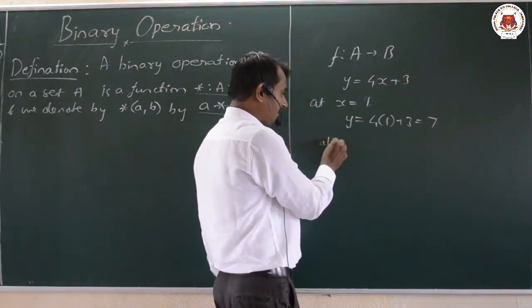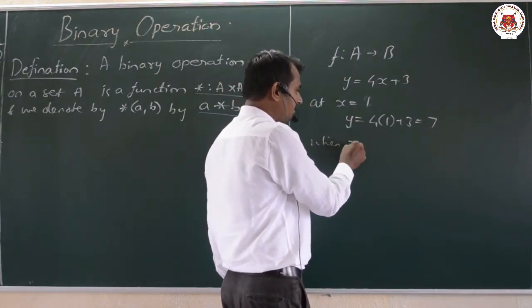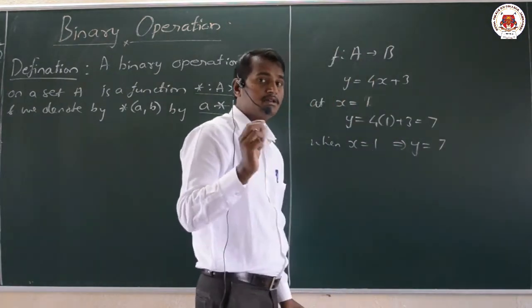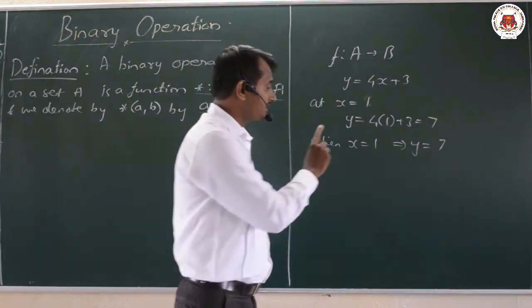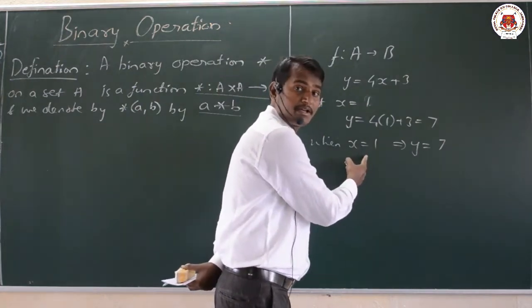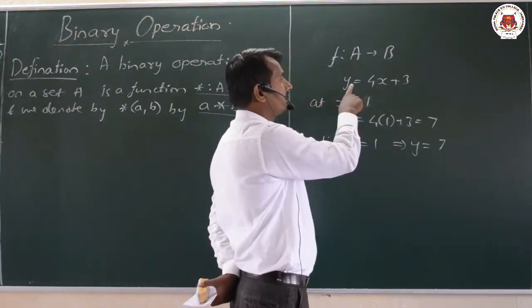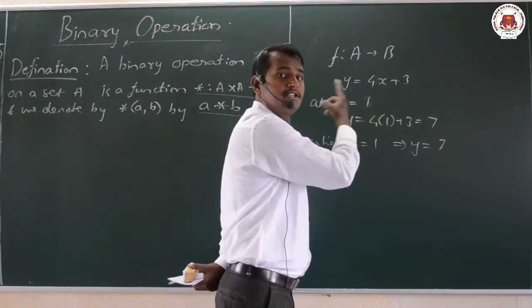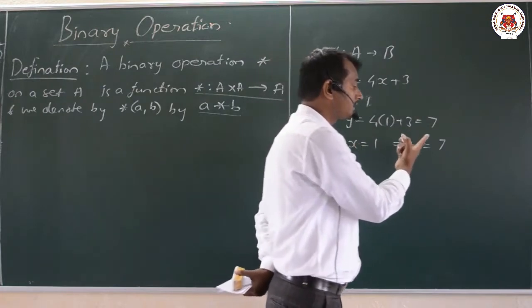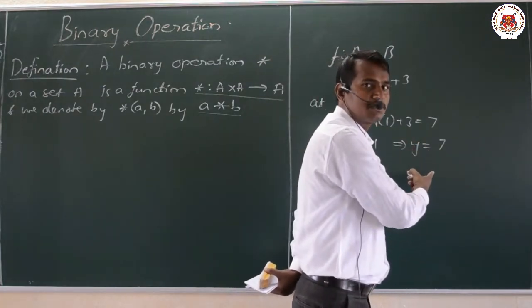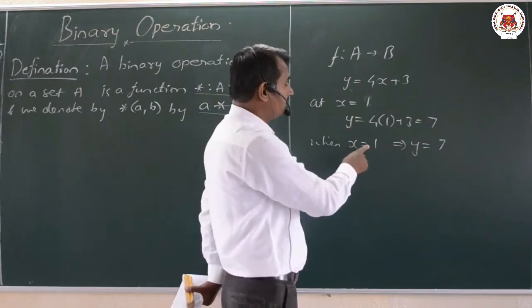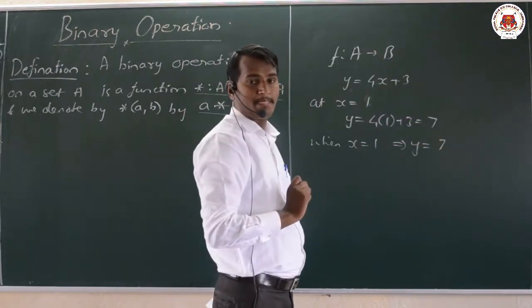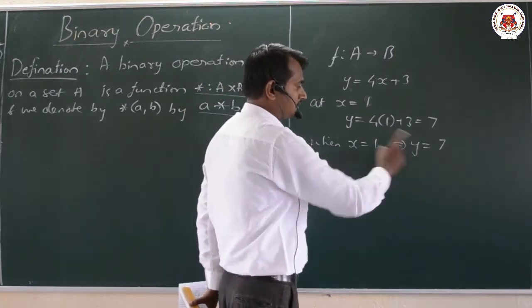That means when x equal to 1, y equals 7. So x equal to 1 is an input to the function defined by y equal to 4x plus 3, and after putting this input we got the output as 7. Here 1 belongs to set A and 7 belongs to set B, that is input as well as output.